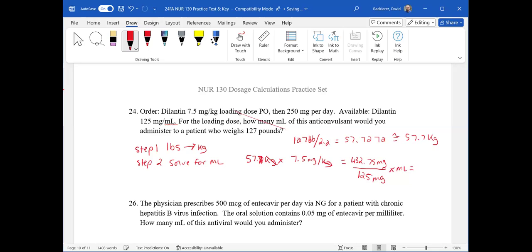So 432.75 divided by 125, and I'm going to get 3.462. So I'm just going to write that whole number out. 3.462. And I'm going to round that to 3.5 milliliters, because we're going to round that to the nearest 10th.